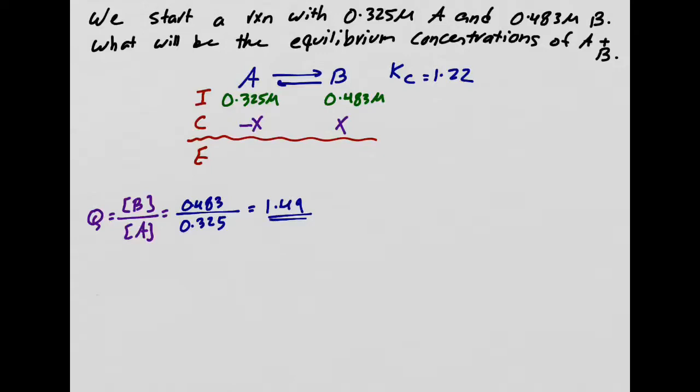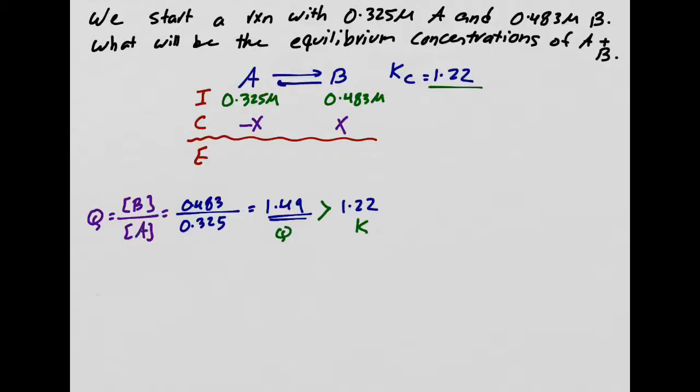Now, K over here is 1.22. So here's Q, here's K. What can you tell me about Q versus K? Q is bigger than K. We talked about this last time. Tell me you remember it. Impress me. I'm always impressed by you guys. So Q is bigger than K.